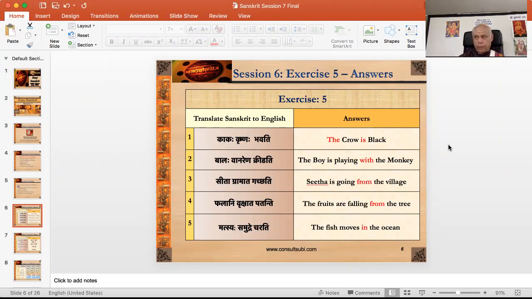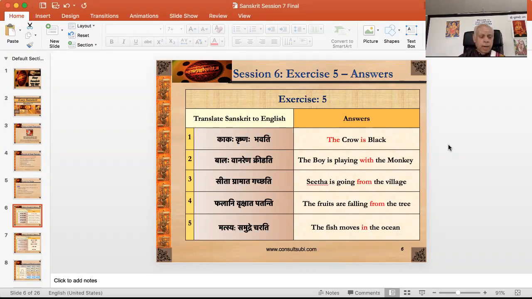I put it in red for you. Like you say, Mrigena, Gajena, Krishnena. These are all instrumental cases, which means with. I think I gave you last time examples. Gajaha Balena Gachati. The elephant is going with the boy. So when it comes na, it usually means with. Remember this, because we will be having similar examples coming up in future.